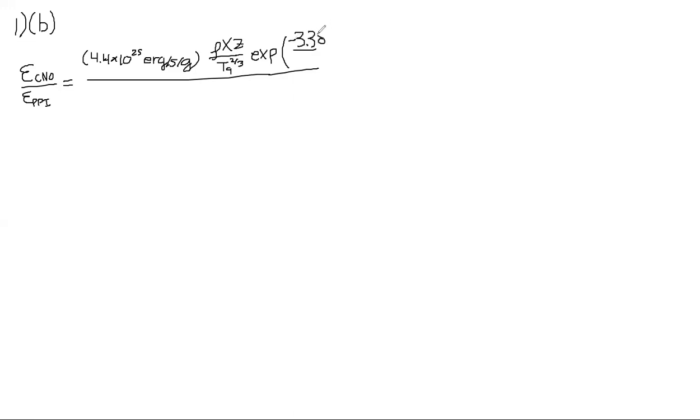So it's supposed to be a minus sign. That is not 3.38, that's negative 15.2. And then we have a T9 on the bottom. T9 is a dimensionless expression of temperature in units of billions of Kelvin. So just to be clear, T9 is defined as the temperature of the star divided by 10 to the 9th Kelvin.